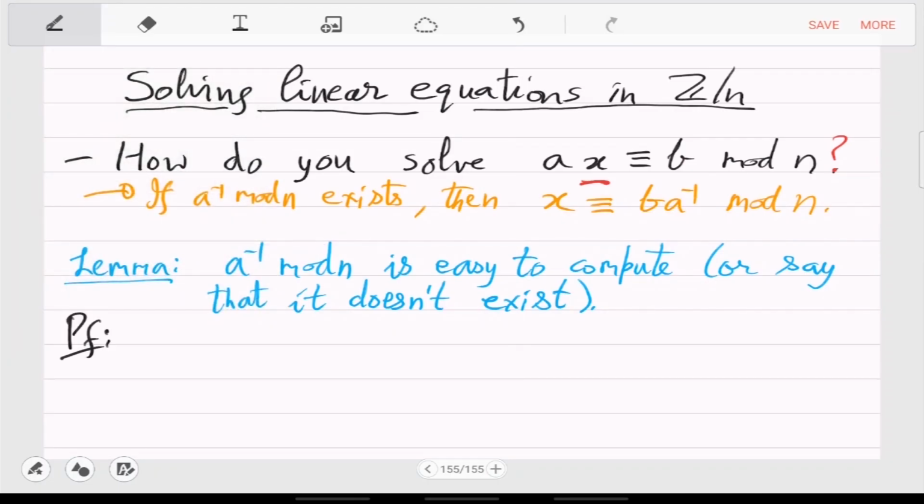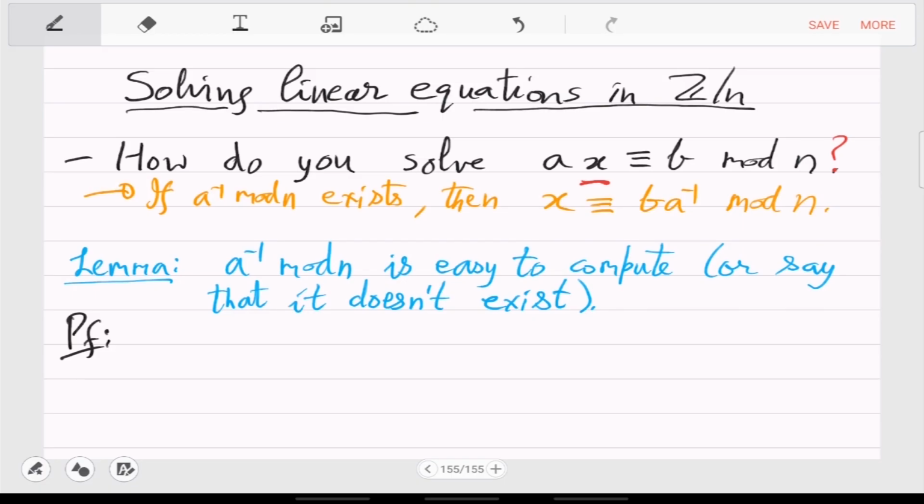So what is the algorithm to compute inverse? Obviously in the z/n, this modern arithmetic, you know how to add, you know how to multiply, because that is just addition multiplication with division and getting the remainder, right? So those things you know from school. How do you deal with this inverse?